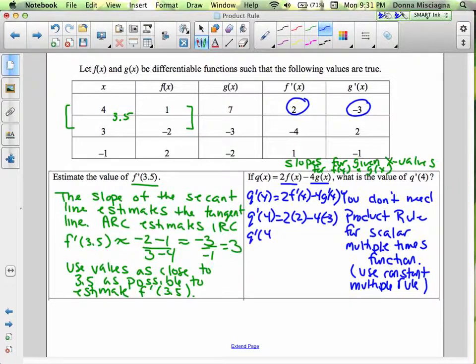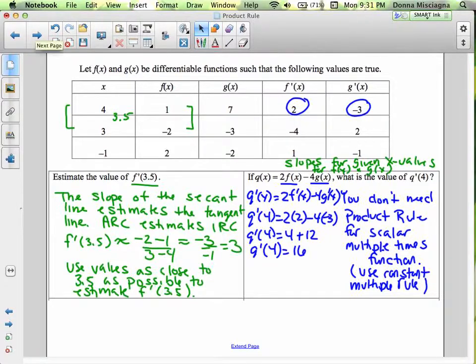Q prime of 4 is 4 plus 12, and so that's going to be 16. All right, so if it's just a function times a scalar multiple, it's just fine in the derivative, and we have a table of values. It has the derivative here, so all we had to do is multiply 2 times the derivative and negative 4 times the derivative. That wasn't so bad.